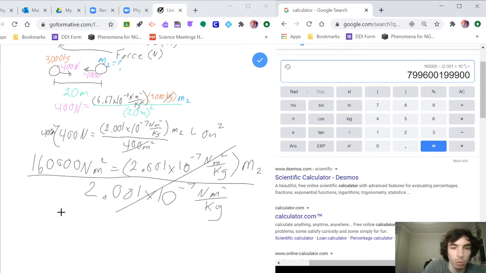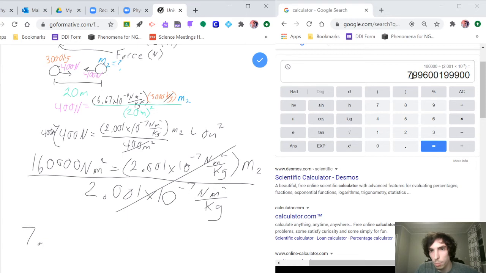Not actually ridiculous in the scale of things, but it's kind of silly for us to be looking at this compared to a 3,000 kilogram thing. And let's put this in scientific notation. You don't have to, it's okay in your work if you write out this whole long number, but it's convenient, and for anyone going into science in college, it's helpful to be really familiar with scientific notation. Scientific notation always has some number between 1 and 10.